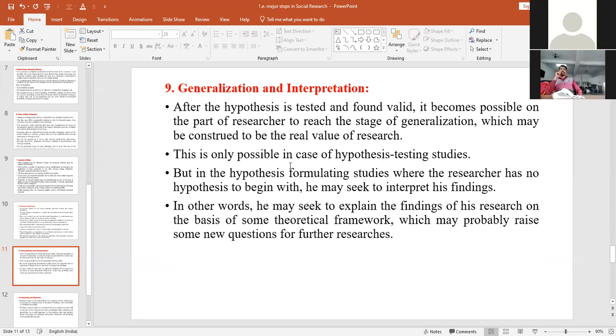In other words, the researcher may seek to explain the findings of the research on the basis of some theoretical framework, which may probably raise some new questions for the researchers. So these kind of outcome or interpretation takes place in the social science research.